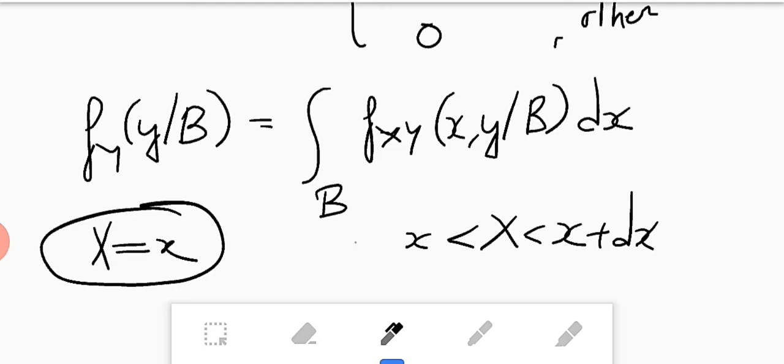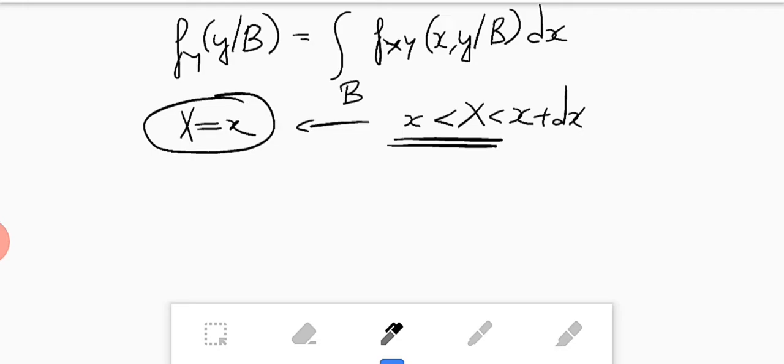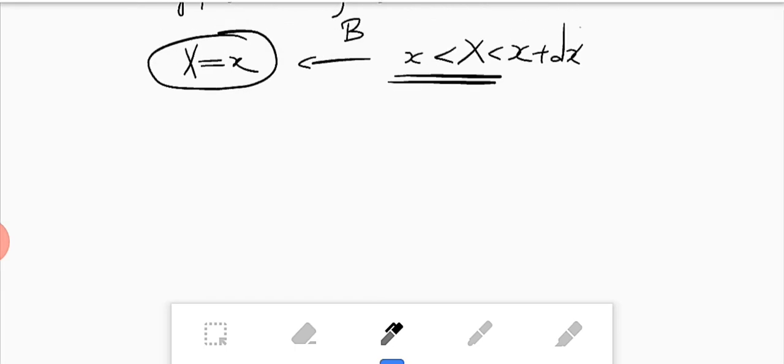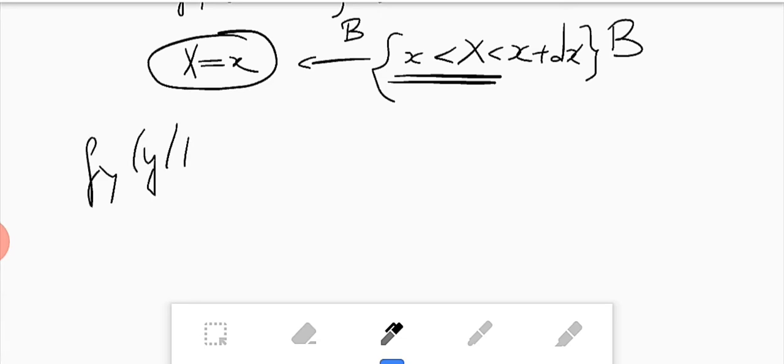So let me write down what your B will be. This is your B. So your f of y given event B, the integration limits become x and x plus dx.